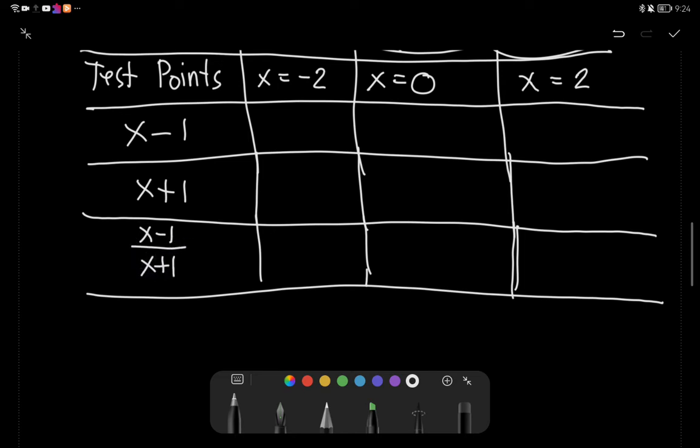Let's see. Now, let us substitute the value of x sa first kani, -2. -2 minus 1, the same signs i-add, that is -3. Ang sign ratong isulat, which is negative.